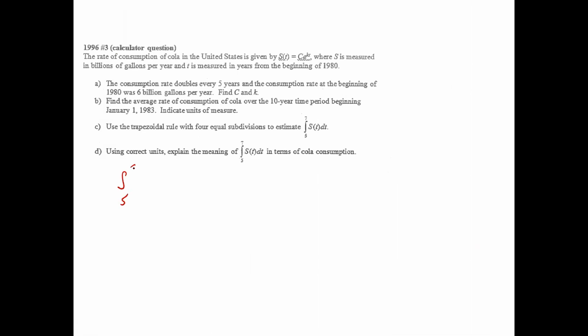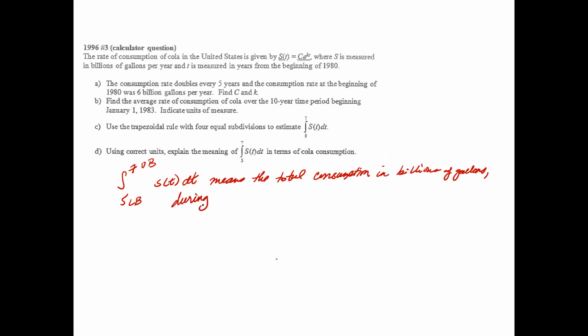So you could say that the lower bound is 5, upper bound is going to be 7, and s of t dt means the total consumption in billions of gallons during the years from 1985 to 1987.